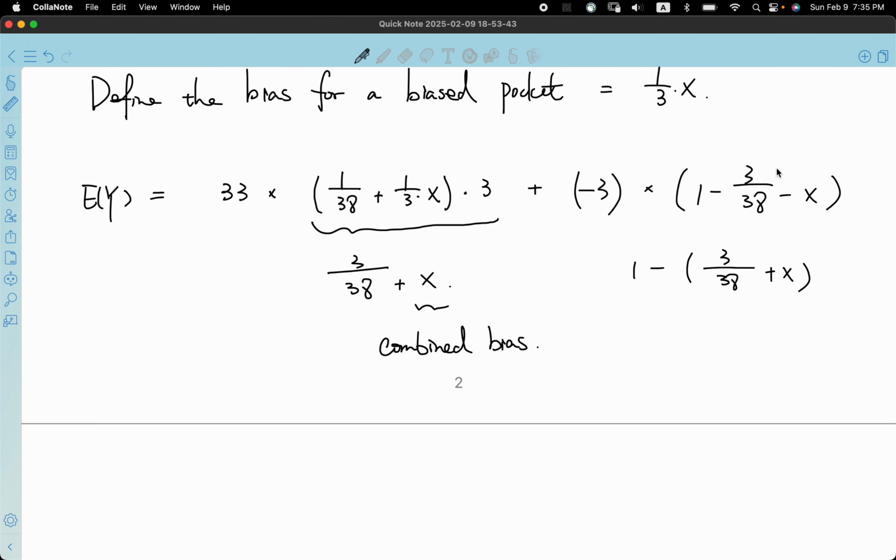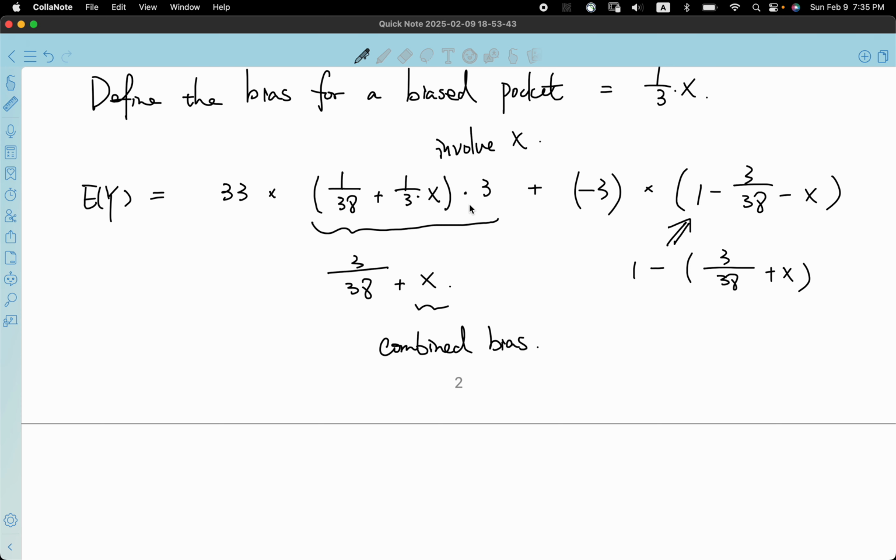You get 1 minus 3/38 minus x, so it's the other way around. That is how we set up the equation for the expected profit involving x, the combined bias for the 3 numbers.